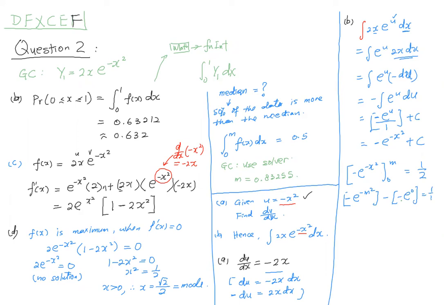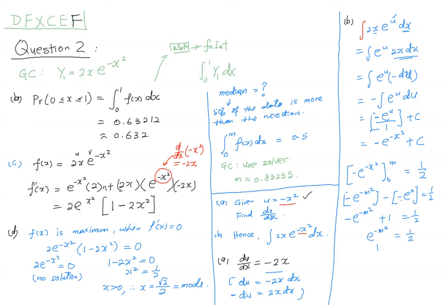Okay, what is e to the power of 0? Can someone tell me? It's 1. So that means now I got negative e to the power of negative m squared plus 1 equal to half. So my e to the power of negative m squared is equal to half, correct?